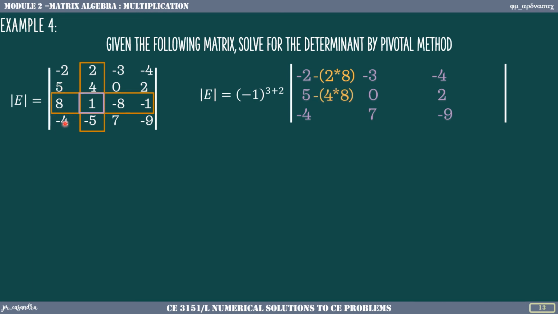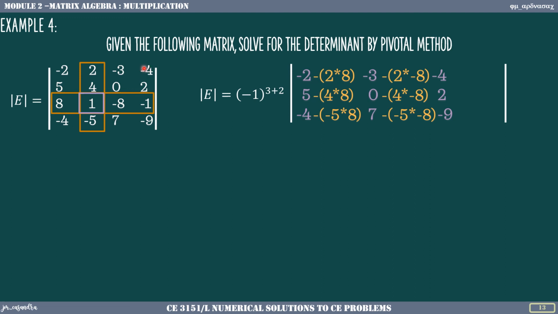And then for this element, we have 8 times negative 5. So for this element, we'll have 2 and 8. So that's minus 2 times negative 8. For this element, we'll have 4 and negative 8. So that's 0 minus 4 times negative 8. For this element, we'll have minus negative 5 times negative 8.